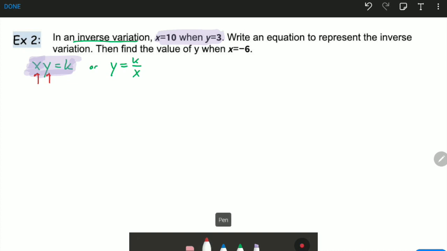So I know x is 10 and y is 3, so I'm going to plug those in for my x and y value. k is what we need to find first. So k is 30. Now, there may be more than one way to go about doing these problems. I like to use this strategy because it works for all the different types of variations and the combined variations that you might encounter. And the way you go about it is first finding k.